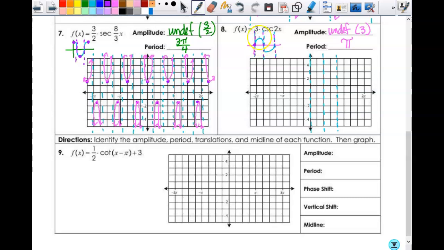halfway between these two on the parent function would be at 1, but I'm actually at 3 here. So halfway between these two, I'd be at negative 3. So that's one period going from 0 to pi. Then I can just repeat.